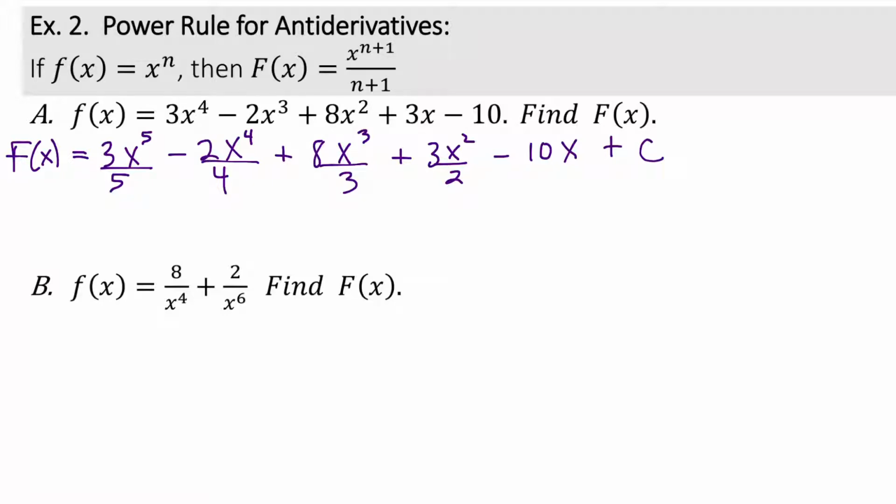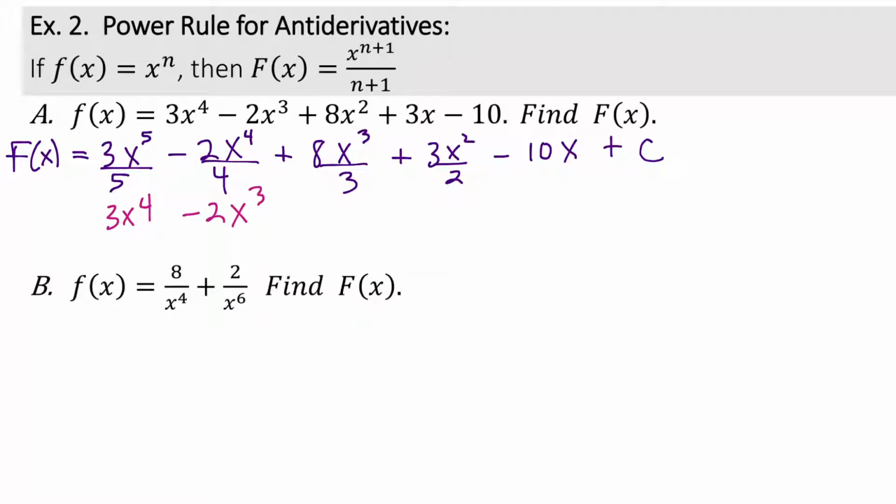Now, at this point, let's check whether we agree that if I took the derivative of the antiderivative, I would get back to f of x. The derivative of 3/5 x to the 5th is just 3x to the 4th. The derivative of minus 2/4 x to the 4th is, that would be 1/2, so 1/2 of 4 is minus 2, so minus 2x cubed.